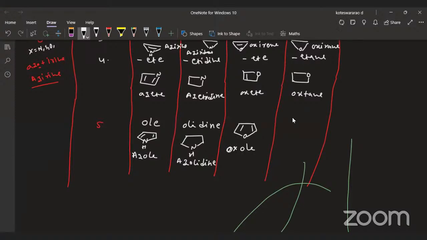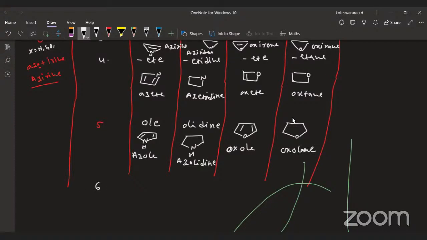It is same with this nomenclature. And when you're coming to fully saturated, oxolane.